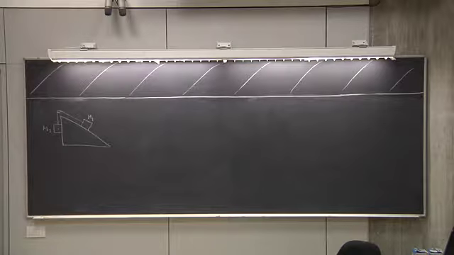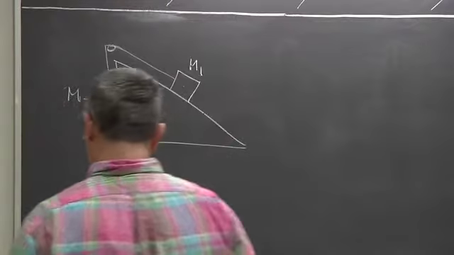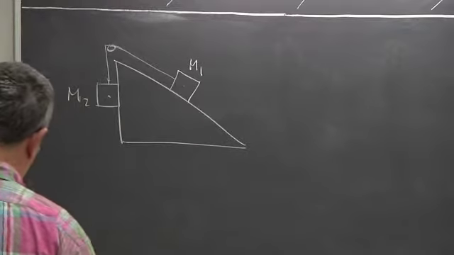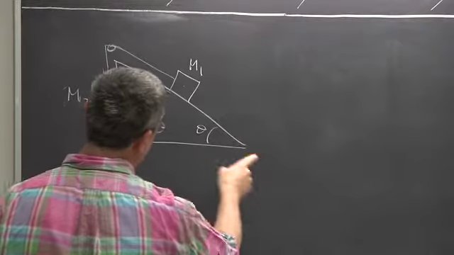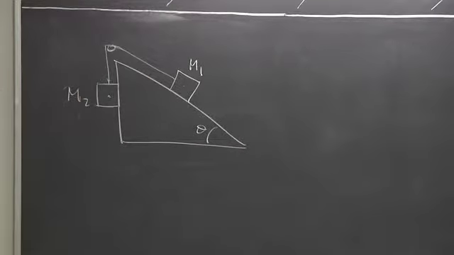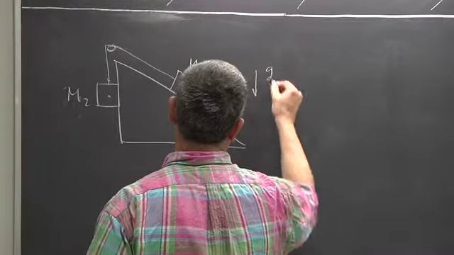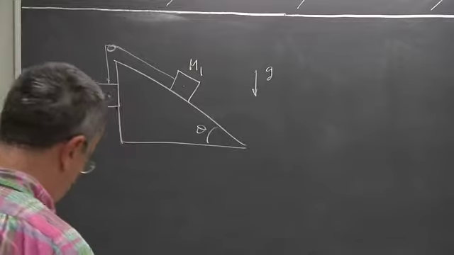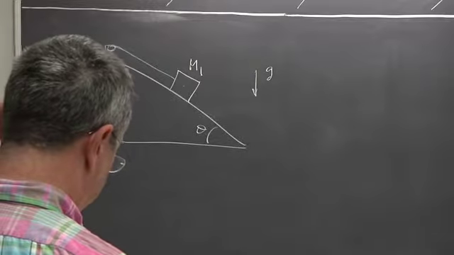Okay? Is this clear? So you see, I'm given the problem. I first draw, as we said 2 days ago, a diagram. And of course, you need to know what the angle is here. And as I said, you have gravity that, as usual, points downward.